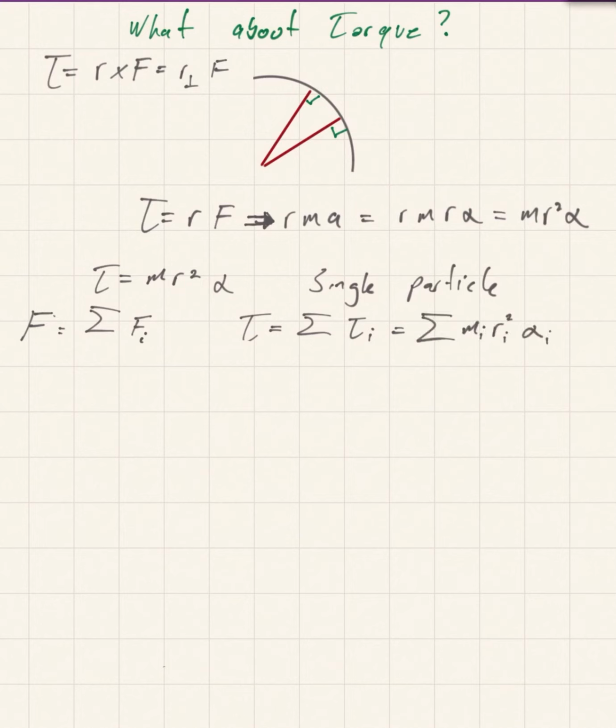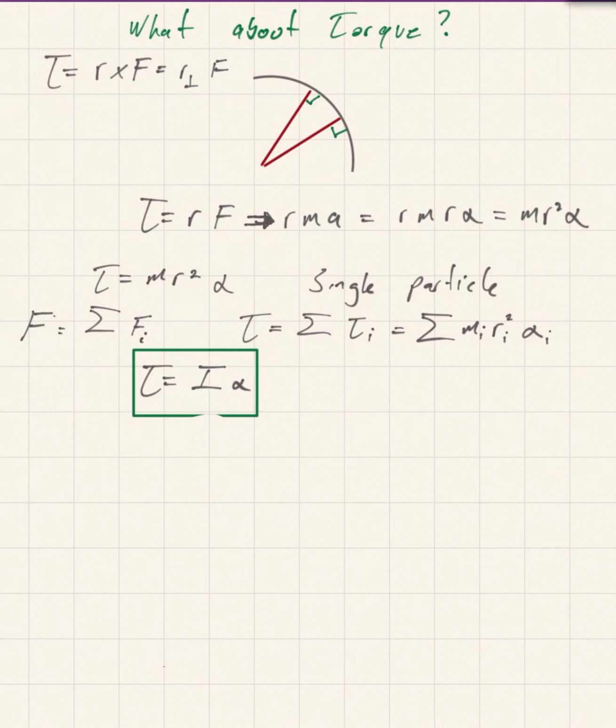So that becomes, instead of being mr squared alpha for one mass, it's m_i times r_i squared times alpha_i, meaning the mass of the ith particle times the square of the distance r to that ith particle times the angular acceleration of that ith particle.